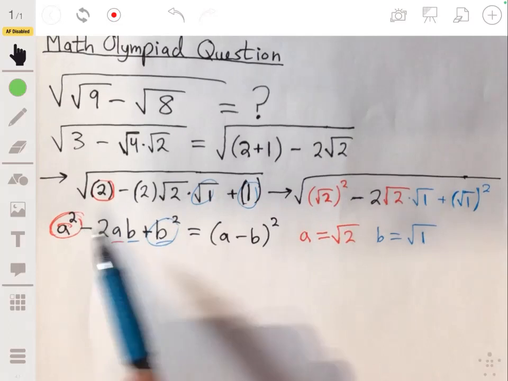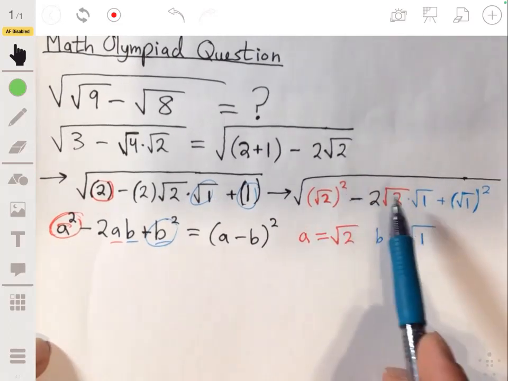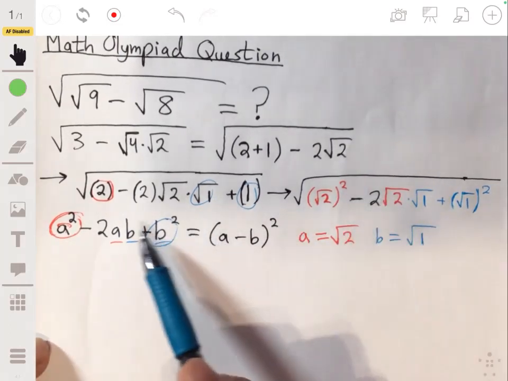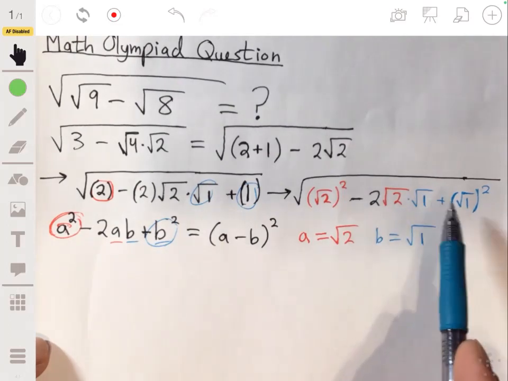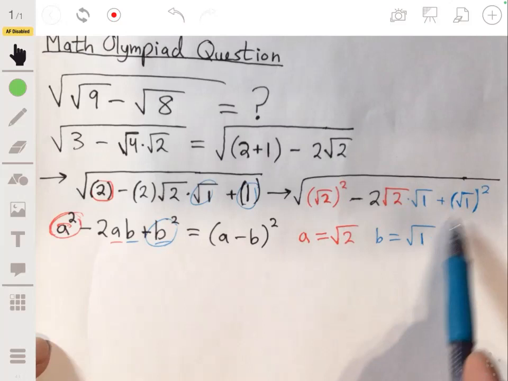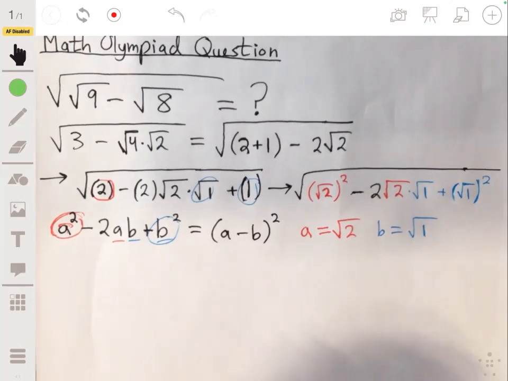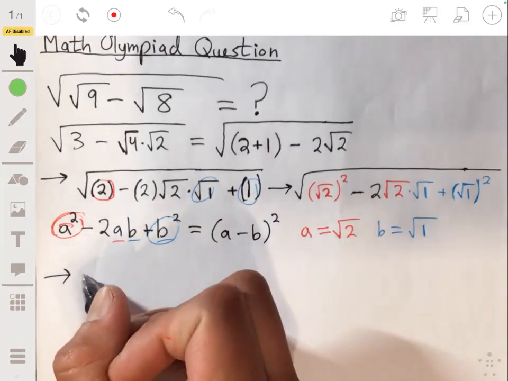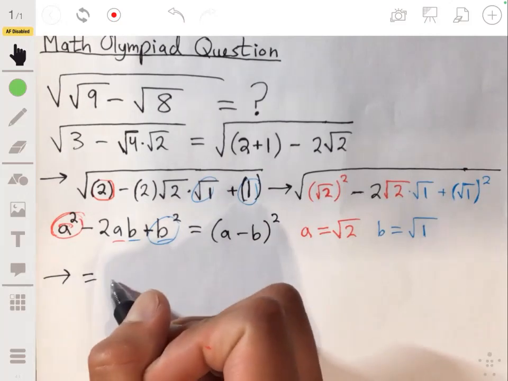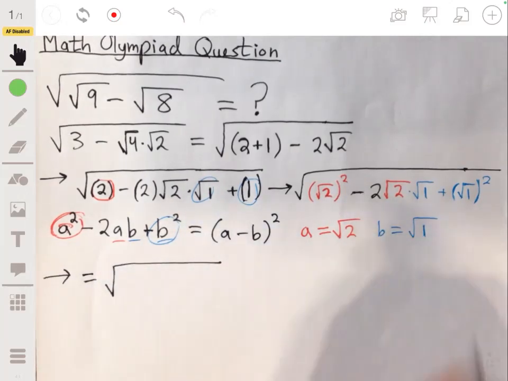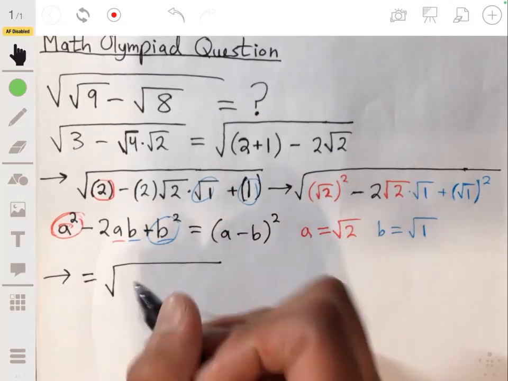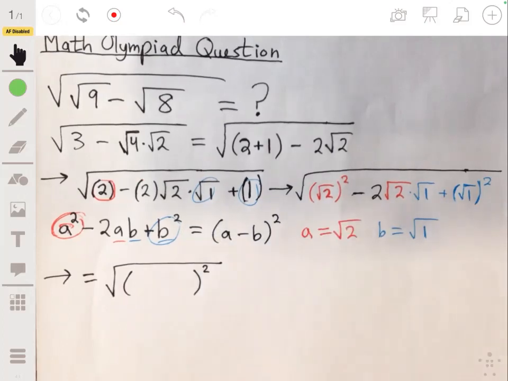So then you have a squared here minus 2a times b plus b squared. And so then you can rewrite this as the square root of, again, (a minus b) squared. Let me put that underneath the root sign.